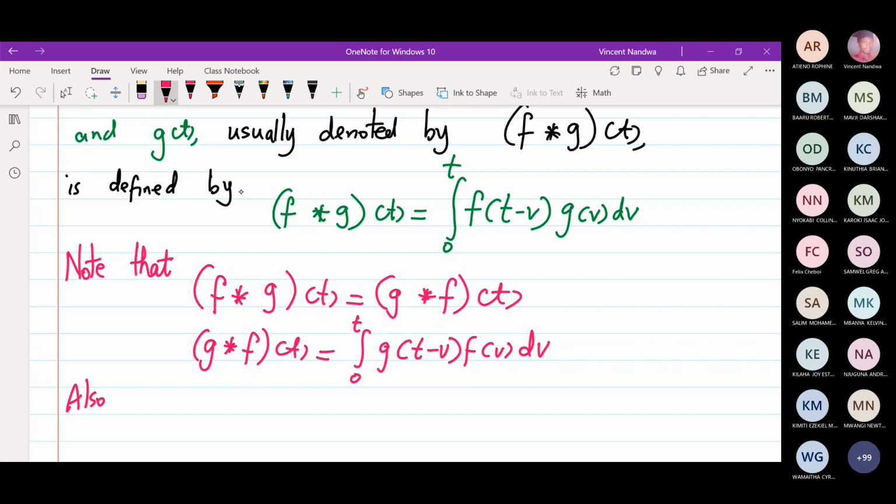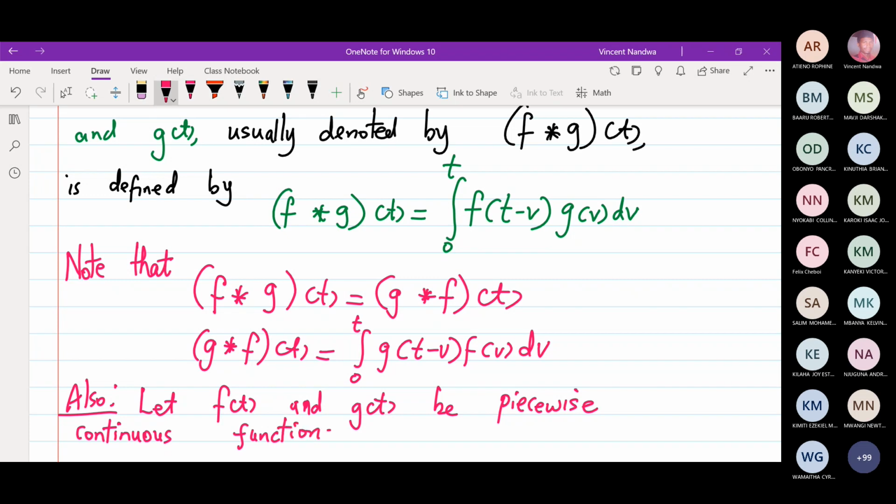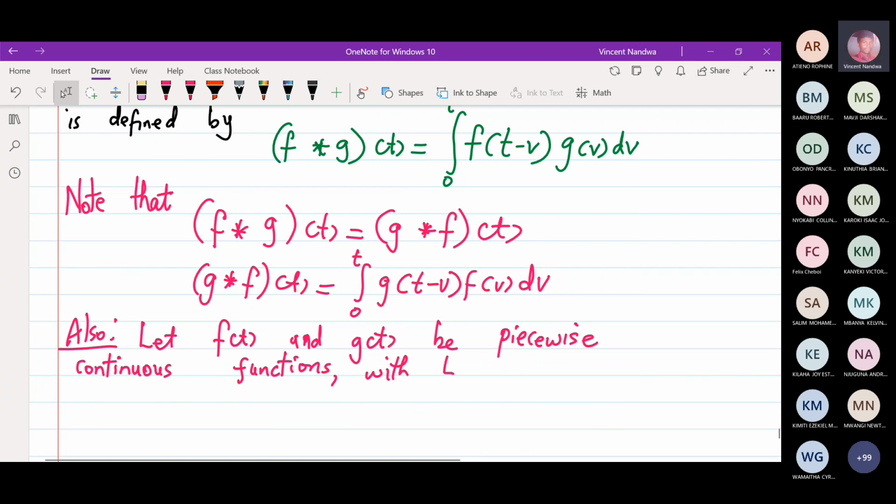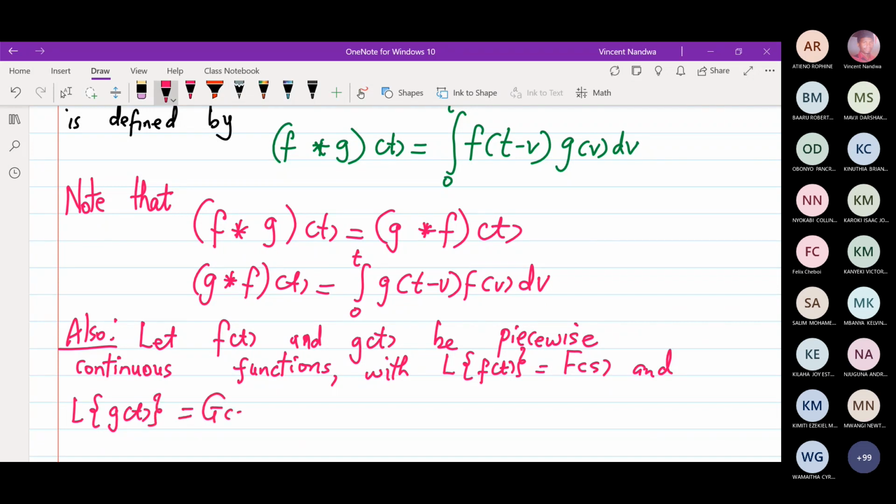Also, if we let the Laplace transform of f of t be given by capital F of s, and the Laplace transform of g of t be capital G of s, then the Laplace transform of the convolution is F of s times G of s.